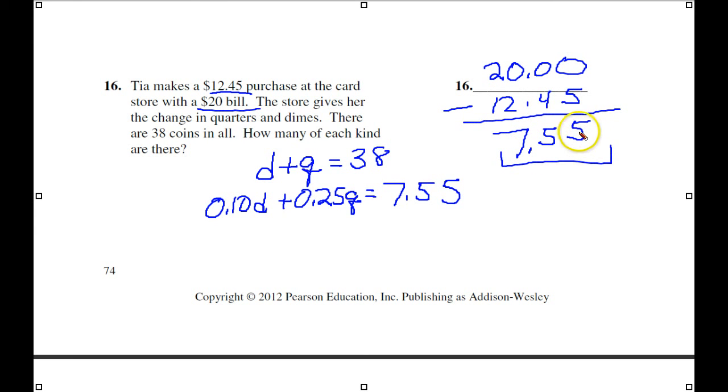And they say they gave it to her in dimes and quarters, D and Q. And there were 38 coins in all. So there's your first equation. Now, how much is a dime worth? 10 cents. A quarter, 25 cents. And this was the total. So the first thing you're going to do, I think, would be to get rid of the decimals.